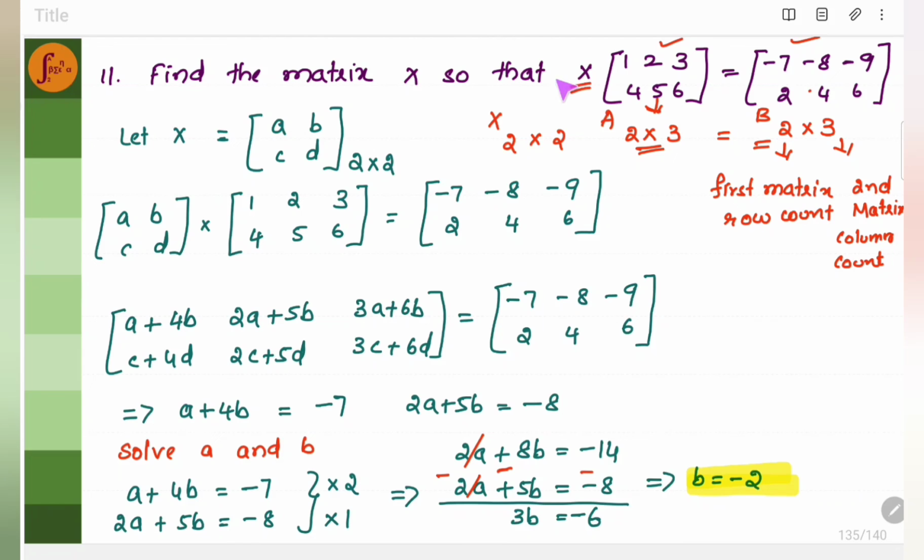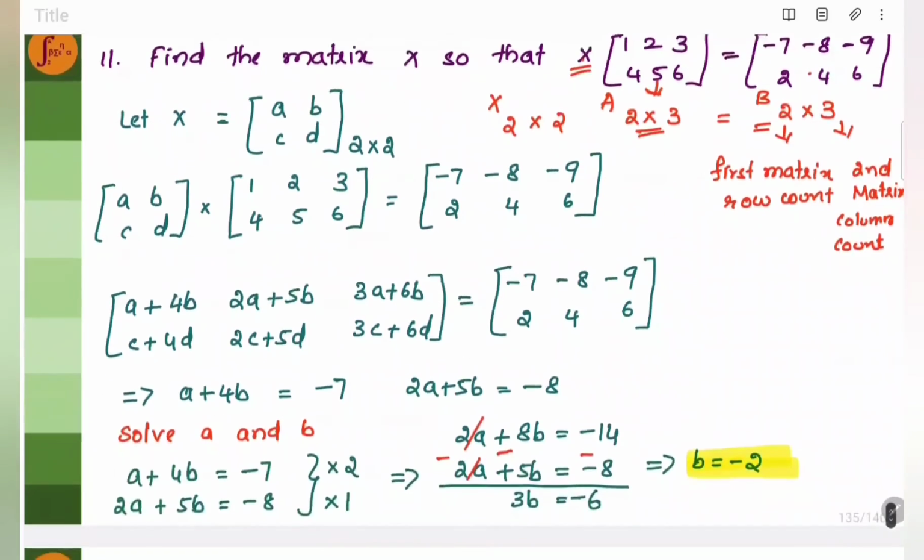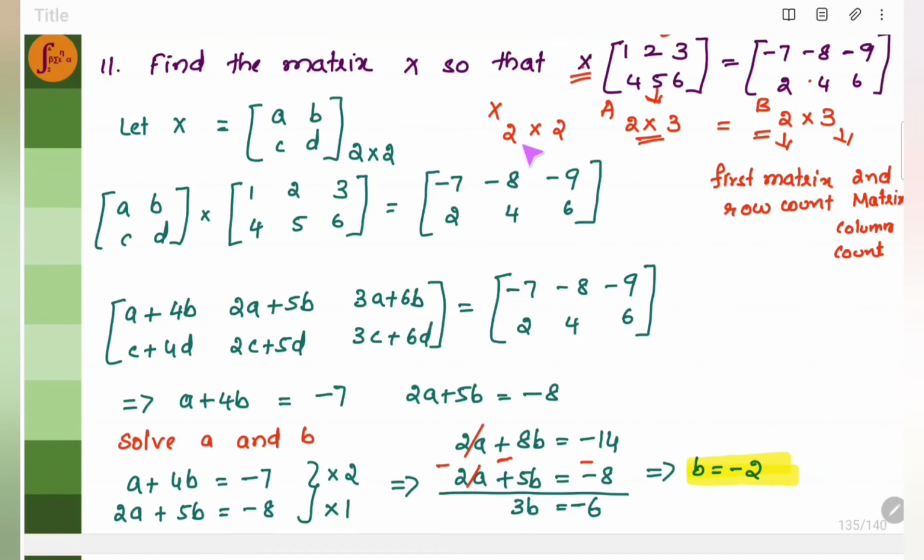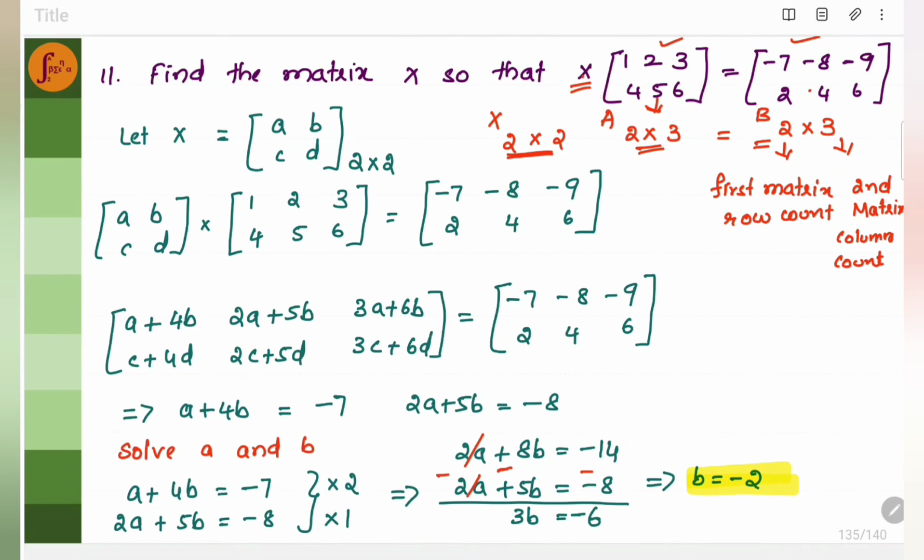Now, what will be the order of X? How do we find out? Based on the condition, this matrix X is getting multiplied with this. What is the rule for two matrices to be multiplied? Basically, when you multiply this matrix X with this matrix, you're going to get this, right? Now we need to obtain the order of matrix X. The order of this matrix is 2 by 3, the order of this matrix is 2 by 3.